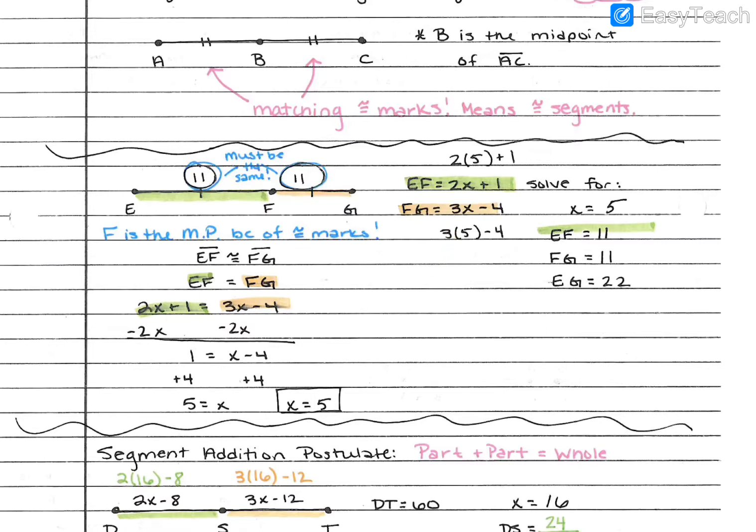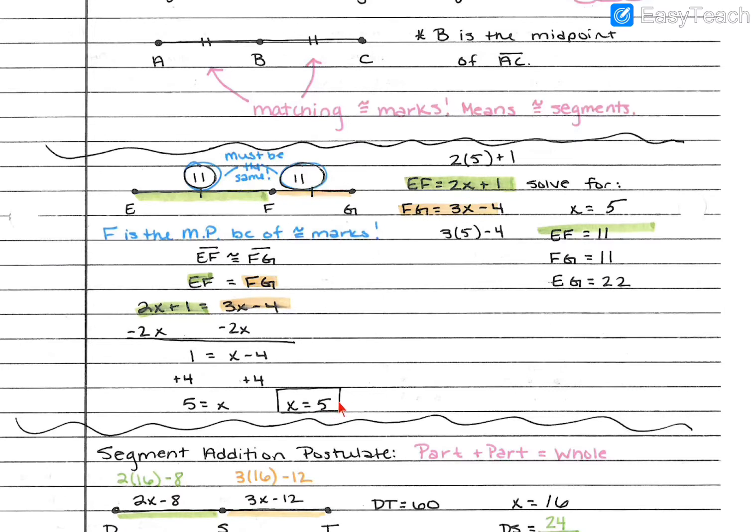Okay? So I know that EF and FG, those segments, are congruent. Since I know these are congruent, I know the lengths have to be equal. So I'm setting part equal to part. Those parts are the same, so I can set them equal to each other. This is using your basic algebra skills in order to solve for X, and we get that X is 5.